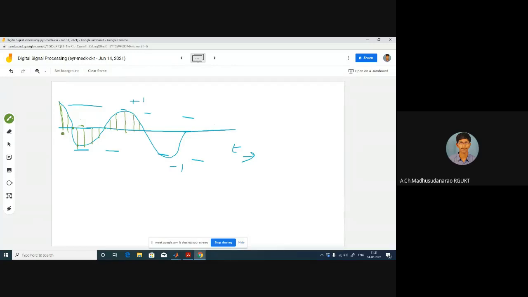For example, this is my 0, t equal to 0. This is the t axis, right? Let me call this Ts. Then what will be this one? If that is uniform sampling, then what is this x coordinate? 2Ts, right? The sample to sample gap is Ts always. Uniform sampling.